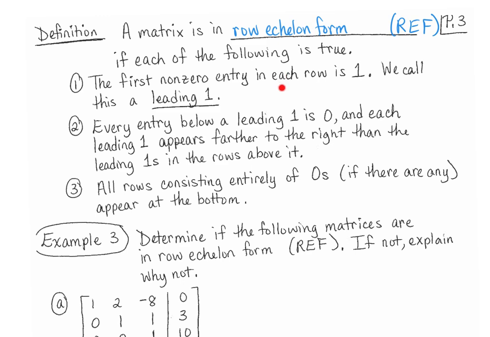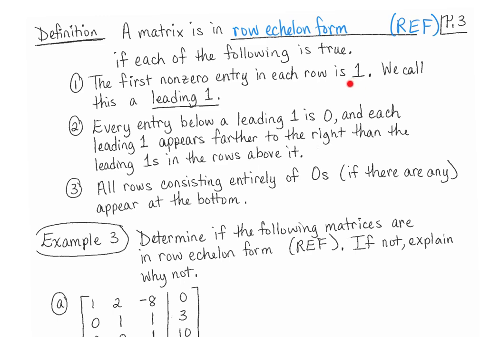Each one of the following things has to be true. The first non-zero entry in each row is 1. We call this a leading one. So again, the first non-zero entry in each row is 1.